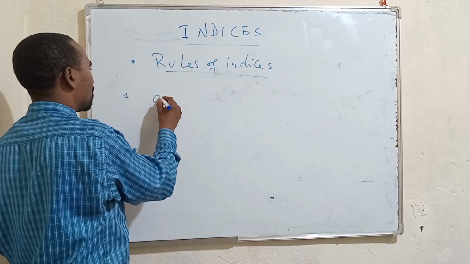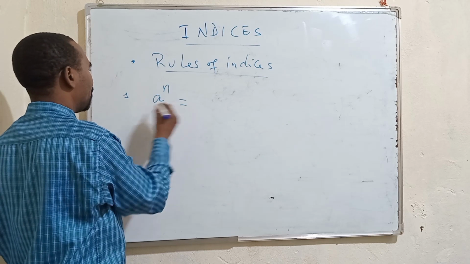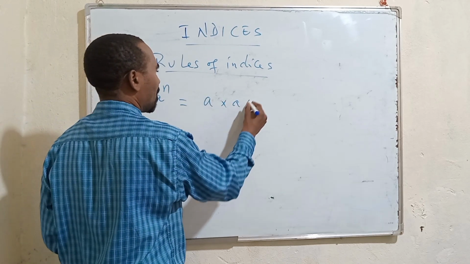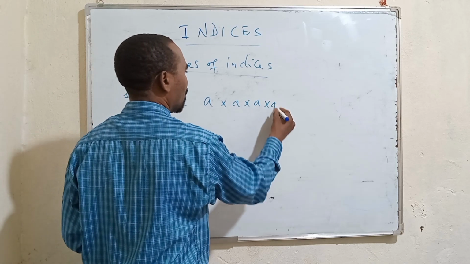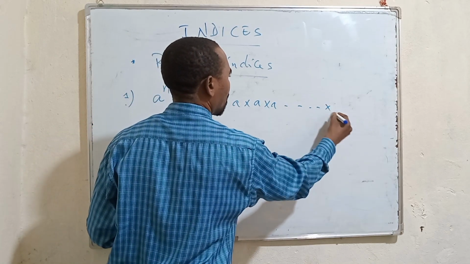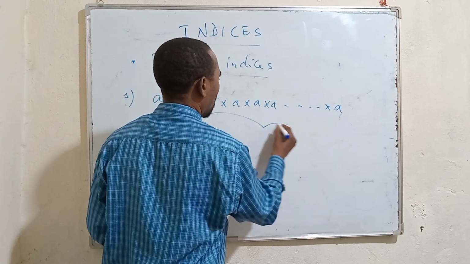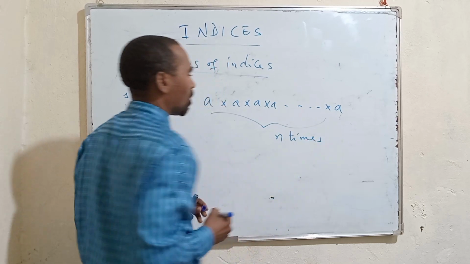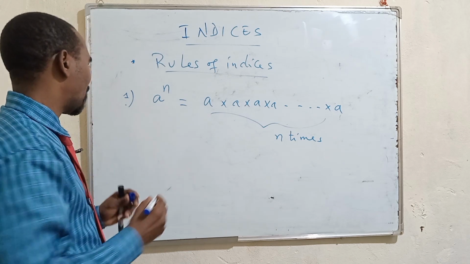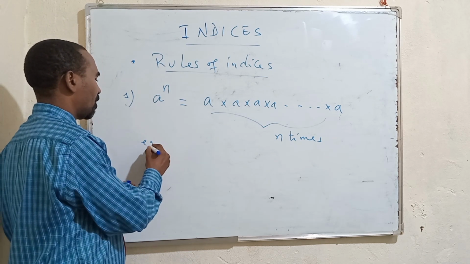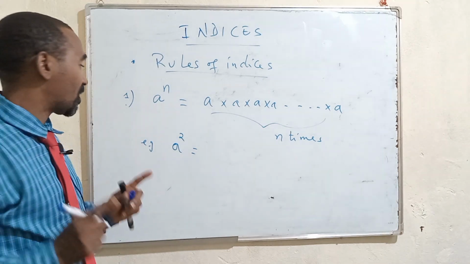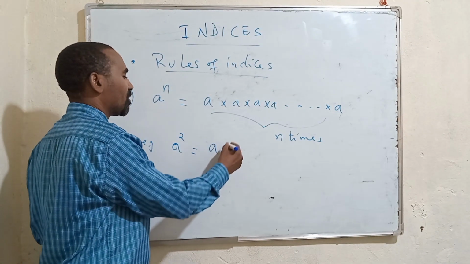First one, when you have a power n, this means that is a times a itself n times. What does this mean? For example, if you have a power 2, this is a times itself.